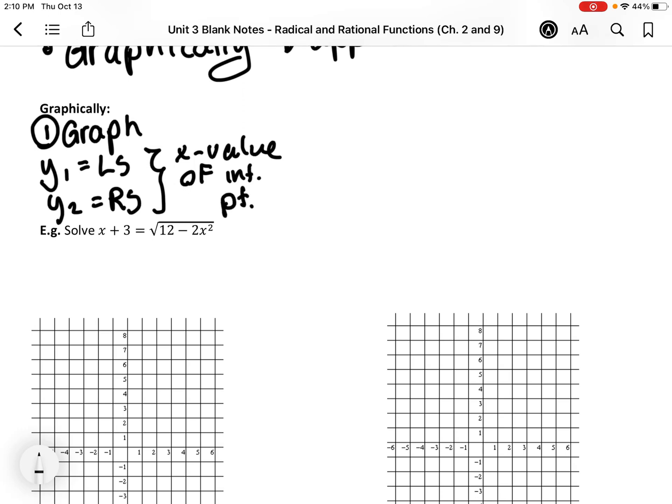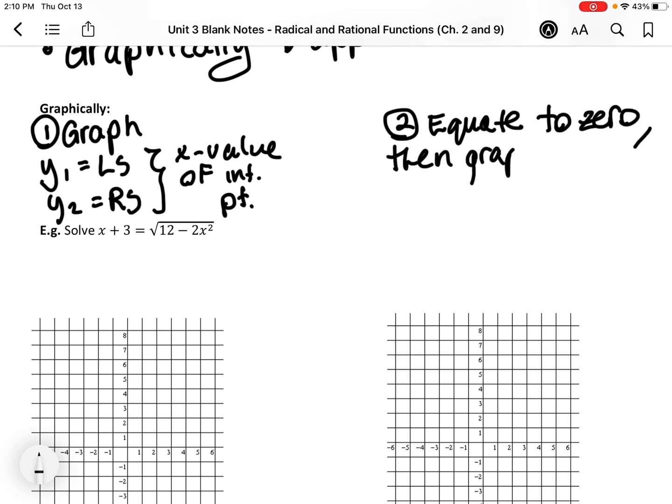So that's usually what we do. The other thing that you can do, though, is equate one side of the equation to 0, and then graph. And then what you would be doing is looking for the x-intercepts or the zeros of that function.